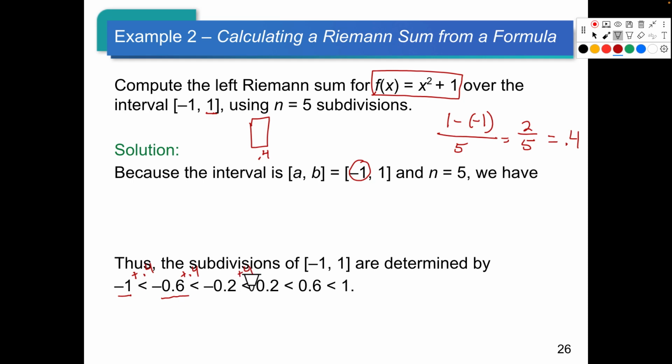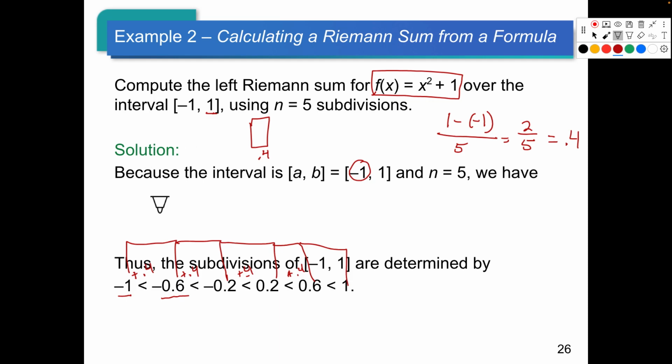Add 0.4, you get to 0.2. Add 0.4, you get to 0.6. If you add 0.4 again, you get to 1, and we've got the whole interval. Okay, the ones we're going to use for the 5 rectangles: -1, -0.6, -0.2, 0.2, and 0.6. So notice this gives us 1, 2, 3, 4, 5 rectangles.